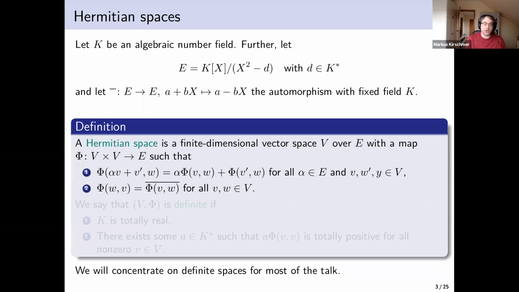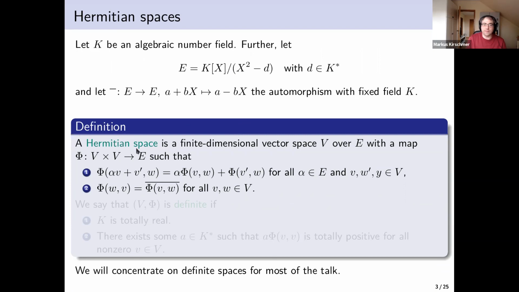But it will work over any algebraic number field. And I need a quadratic étale algebra, so that's K[x] modulo some polynomial of degree 2, so x squared minus d, and bar is the canonical involution with fixed field K.